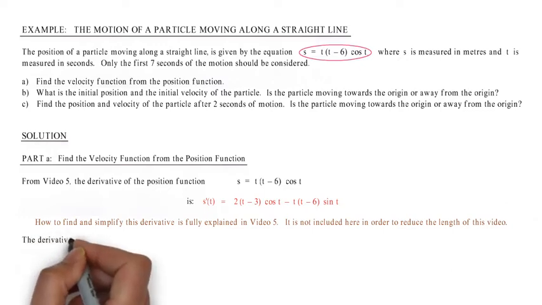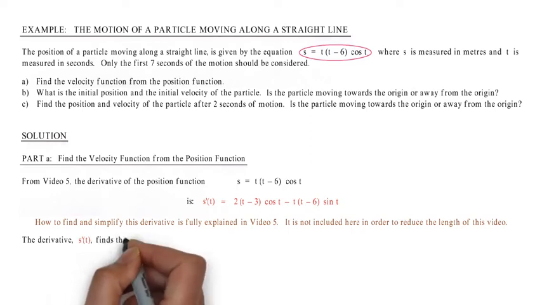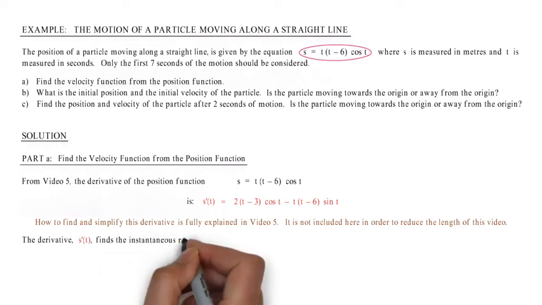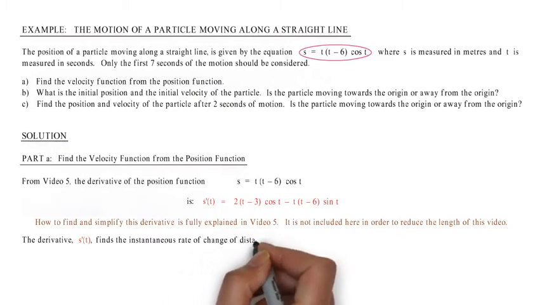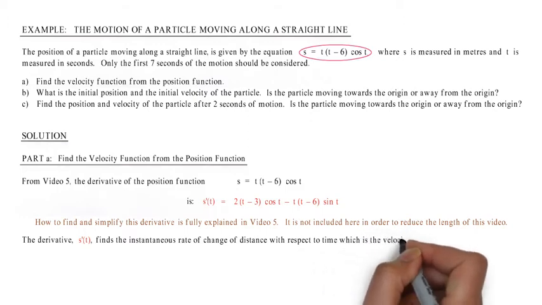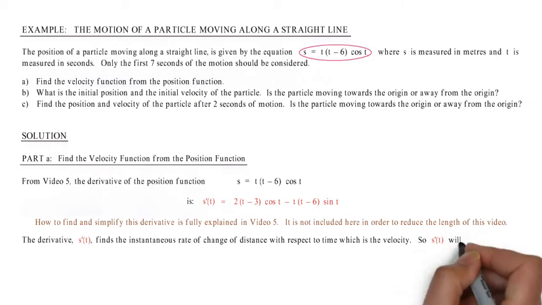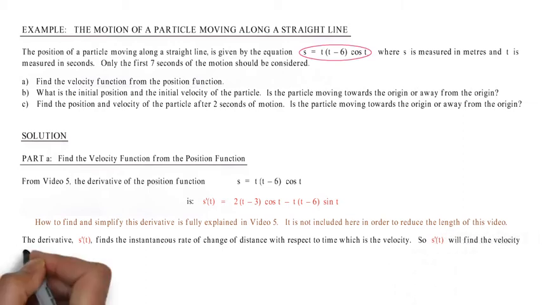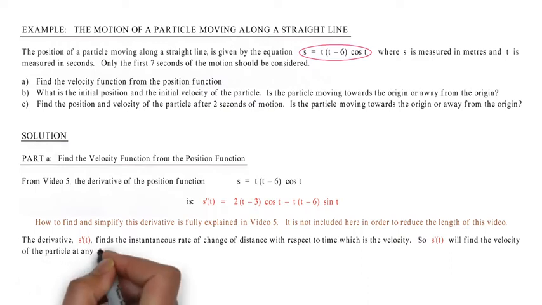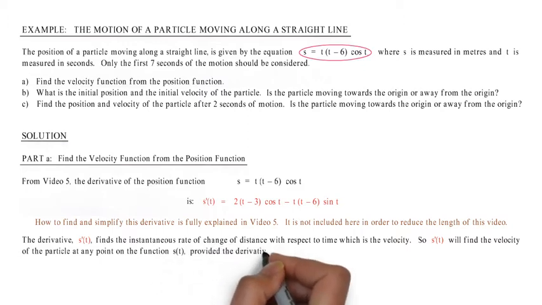The derivative s'(t) finds the instantaneous rate of change of distance with respect to time, which is the velocity. So s'(t) will find the velocity of the particle at any point on the function s(t), provided the derivative exists at the point.